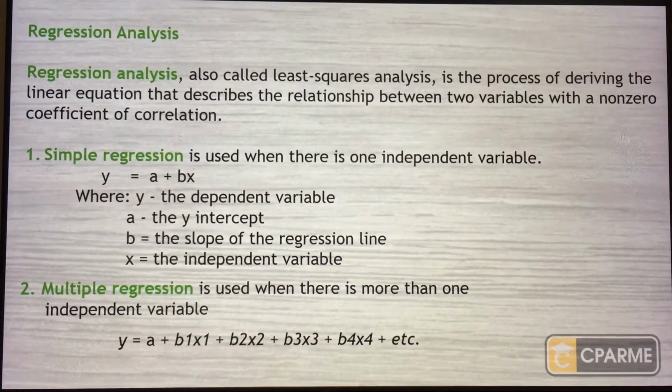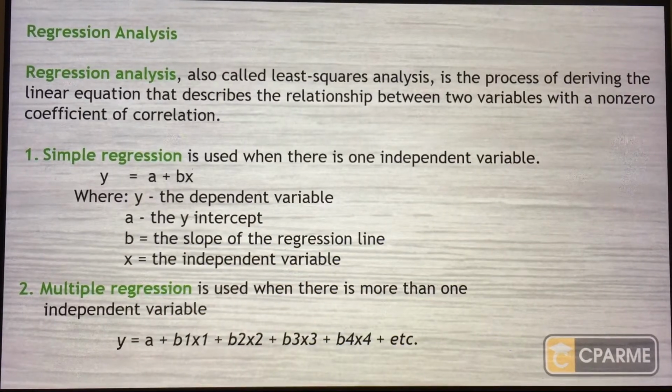So you should take note of this as well, guys. Y equals A plus Bx, and you should know what y stands for, what A stands for, what B stands for, and what X stands for.